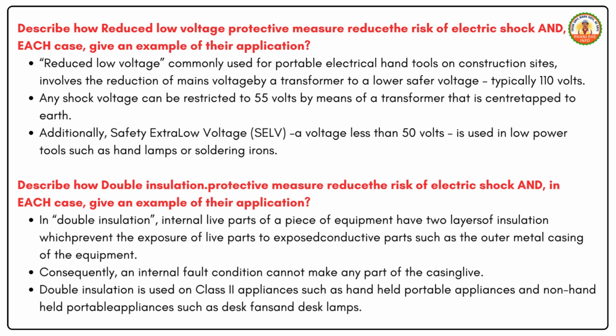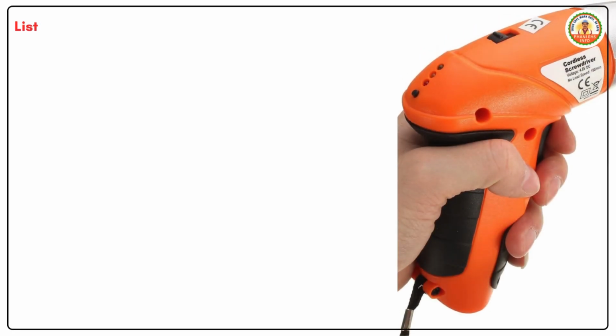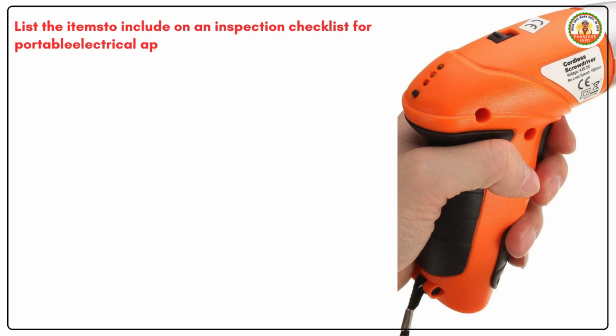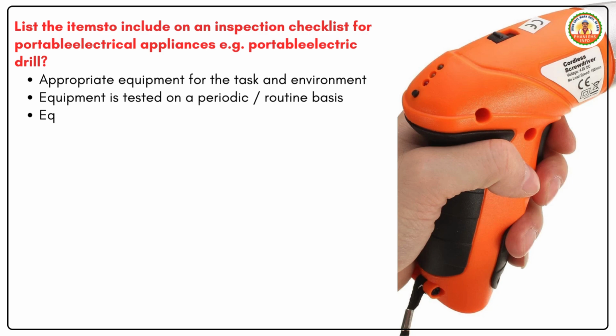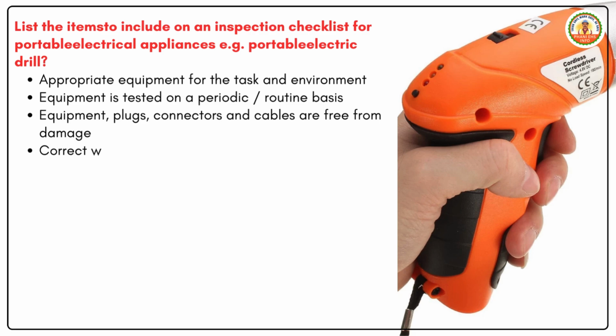List the items to include on an inspection checklist for portable electrical appliances, e.g. portable electric drill. Appropriate equipment for the task and environment. Equipment is tested on a periodic routine basis. Equipment, plugs, connectors and cables are free from damage. Correct wiring and sound connections.